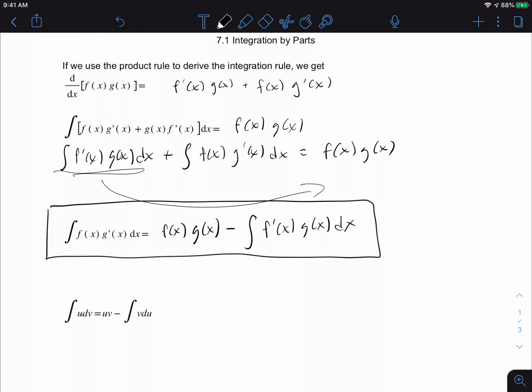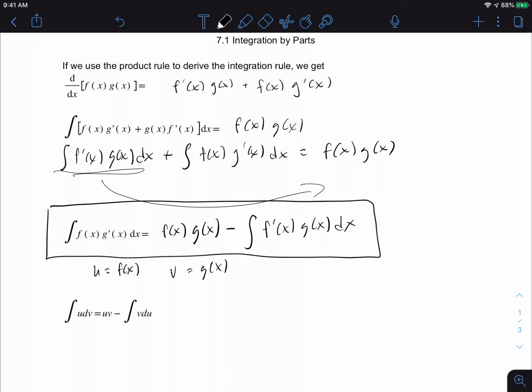And we end up changing this just a little bit. We don't like using these long, cumbersome things. So we're going to say that our u is going to be f of x, and our dv, or our v, is going to be g of x.